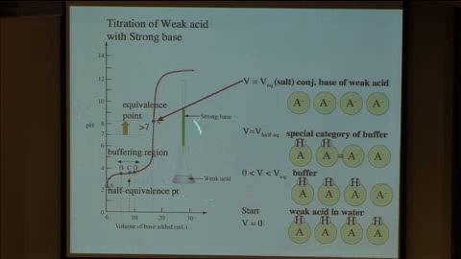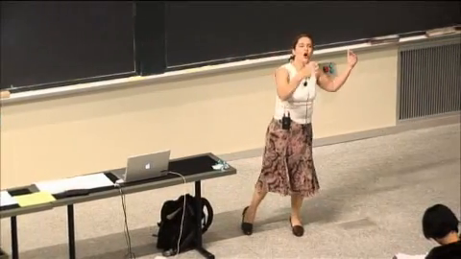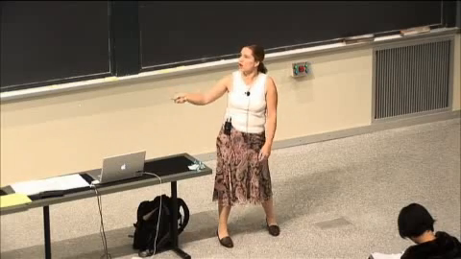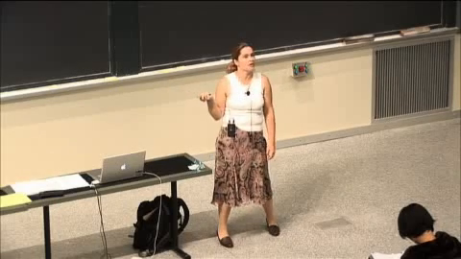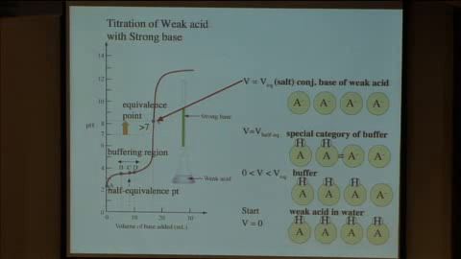Then you get to the equivalence point. At the equivalence point, you've added the same number of moles of strong base as the number of moles of weak acid you have. So you've converted all of your weak acid to its conjugate base. So all you have is conjugate base now, and so that's controlling the pH, so the pH should be greater than 7.